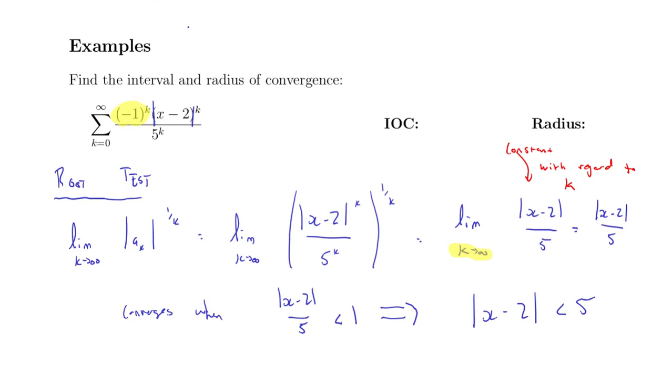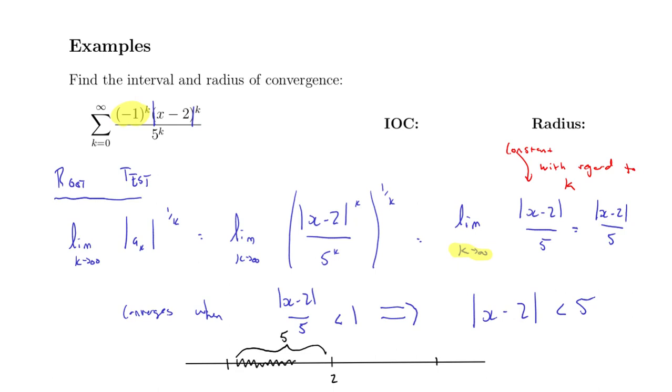You could say that x is going to equal 2 plus or minus 5, or you could see that this is a center at 2 and the radius here is 5. I like to visualize a number line sometimes, because what this is really saying is that the distance between x and 2 is less than 5. So here's my center. I'm going to go out to here, and this distance has to be at most 5.